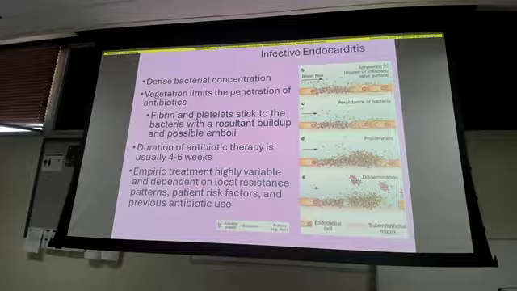Most of the time, we're at a minimum of 4 to 6 weeks for treatment. Some people's treatment can go over 6 weeks, depending on if they're not clearing that bacteria enough with the drugs we're giving them. So the big thing I want you to remember is that when we go through these next couple of slides, your treatment duration is going to be 4 to 6 weeks, okay?